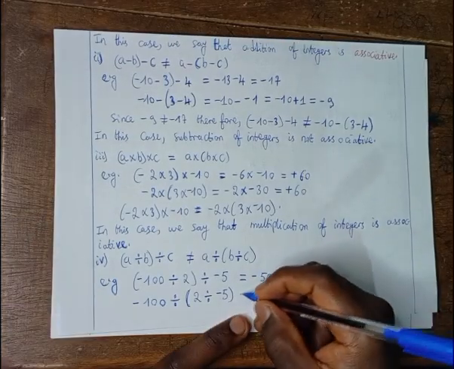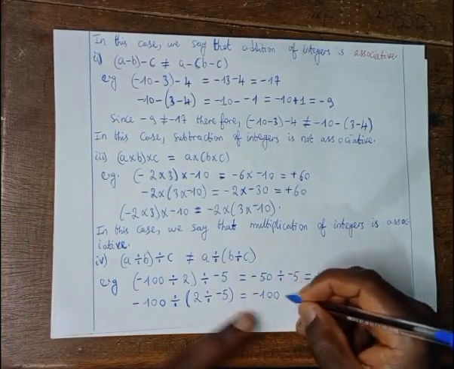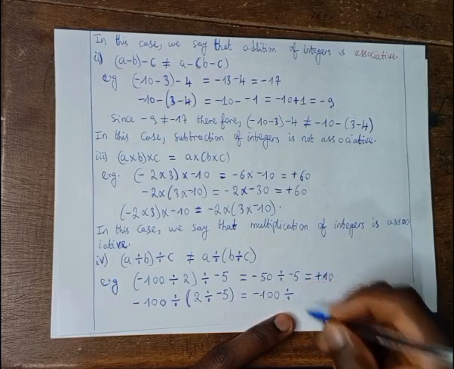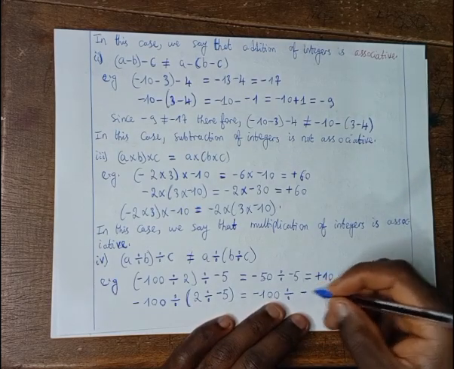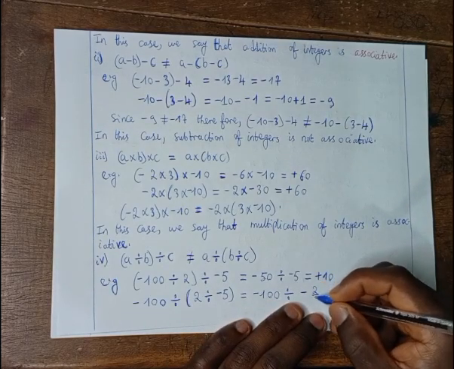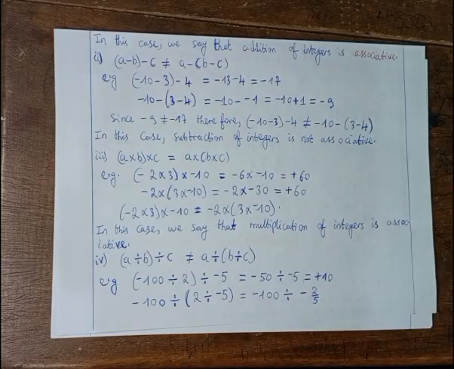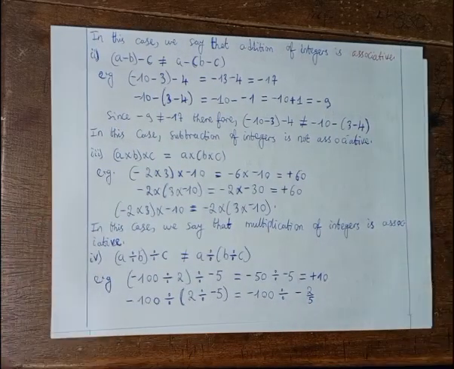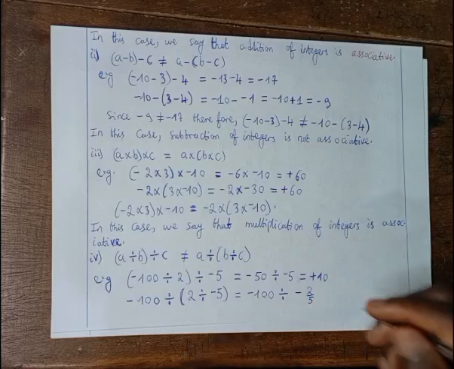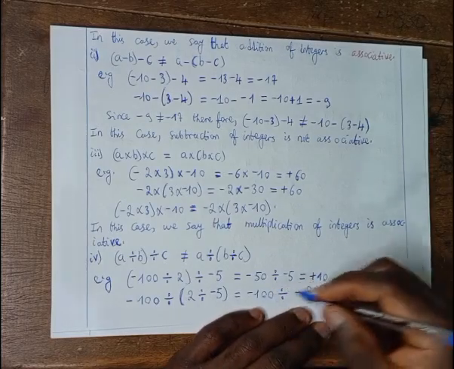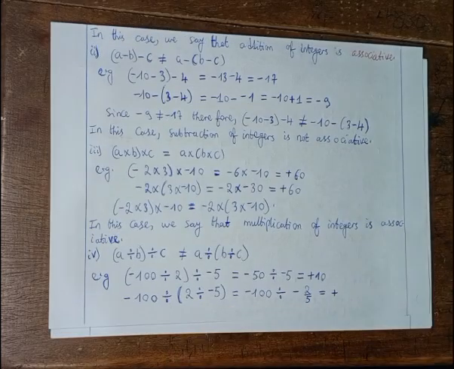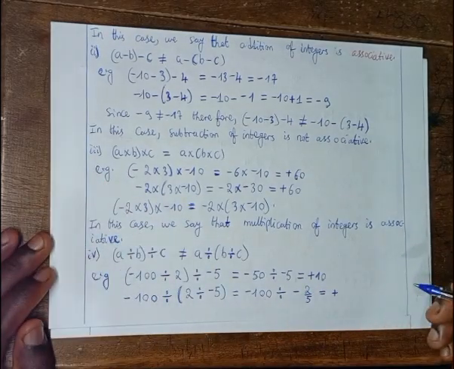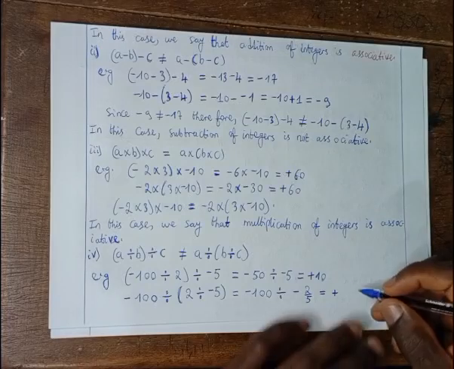In this case, this will simply give us negative 100 divided by, when we divide 2 by negative 5, the result will simply be negative 2 fifths as such. Now we are to divide negative 100 by negative 2 fifths. The result will be, we are dividing two negative numbers, so the result will be positive. Now we have to divide 100 by 2 fifths.